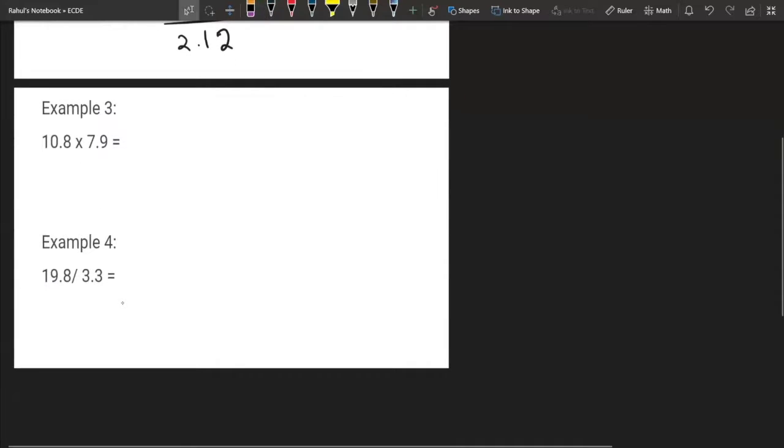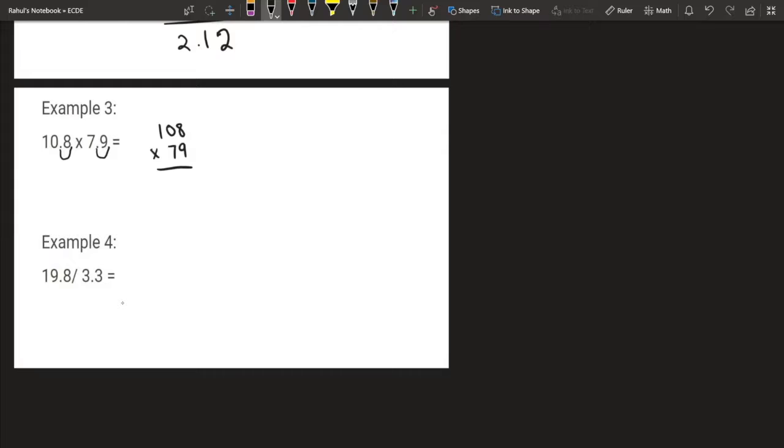How do we do this? Well, for multiplication problems, there's one tactic to make this easier for you. You can move the decimal place one place to the right if both numbers have the same amount of decimal places. So since there's one decimal place in both numbers, just move it one place to the right, and you can do 108 times 79.